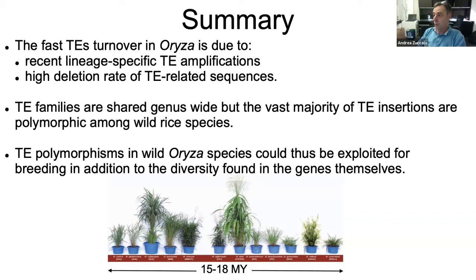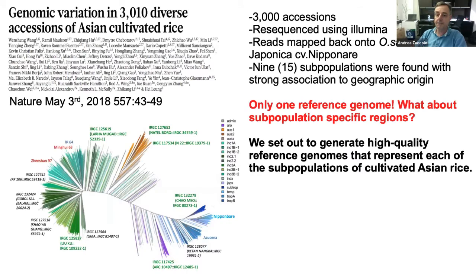We were able to see how the fast turnover of these elements in Oryza is due to recent lineage-specific amplification and a high deletion rate. We have seen that the families are shared genus-wide, but their insertions are polymorphic, and this insertional polymorphism can be exploited for breeding in addition to the diversity that we found in genes themselves.